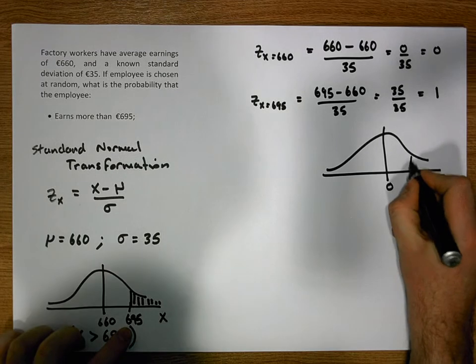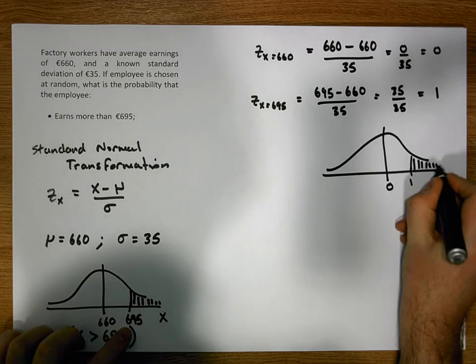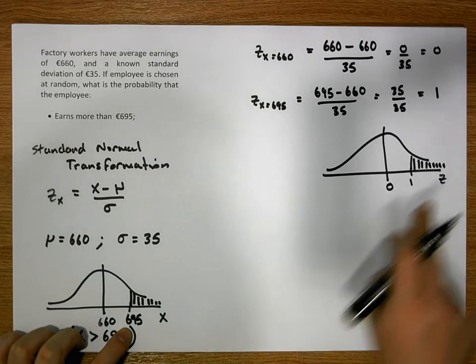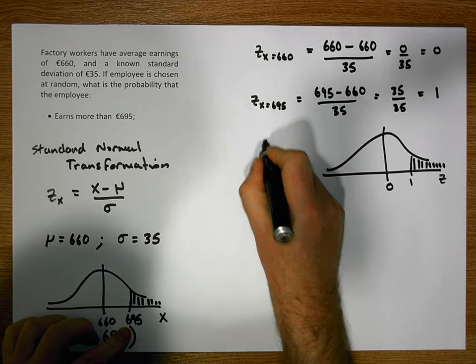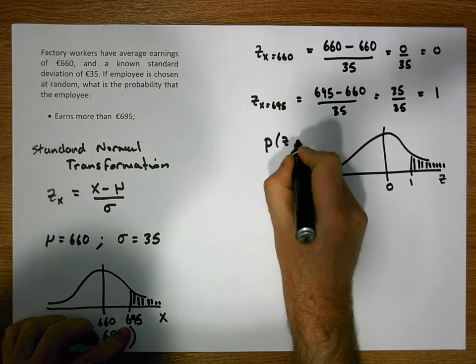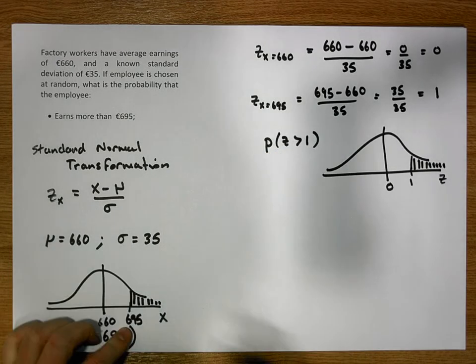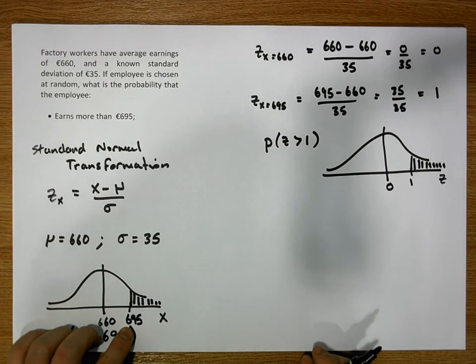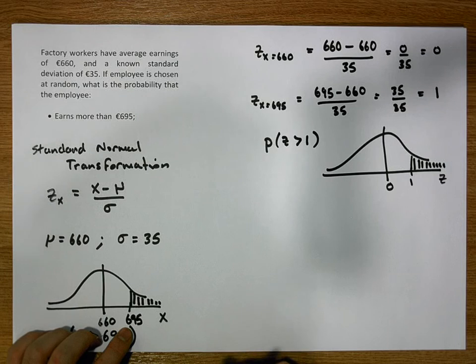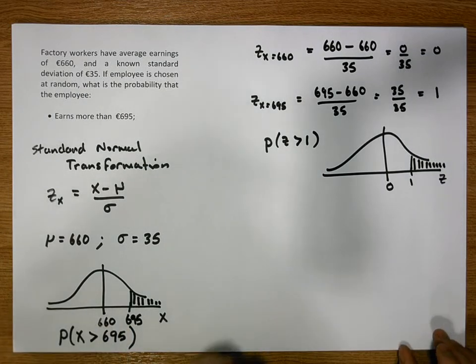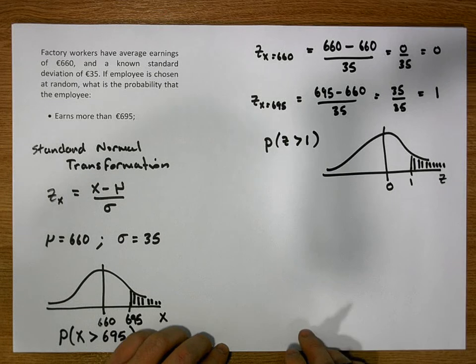So we're looking for the area to the right hand side of 1, which is exactly the same as the probability of observing a z-score that's greater than 1. Okay, so this is a right-hand tail area, which we previously defined to be type 2 probabilities.